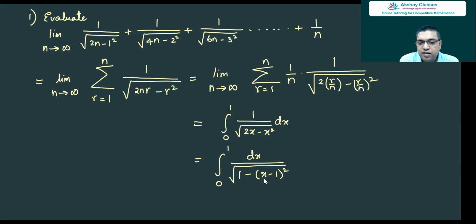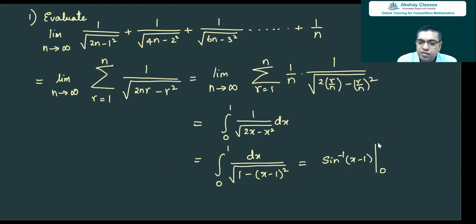This is x square minus 2x plus 1. When you open the bracket, 1 and minus 1 cancel. Minus 2x becomes plus 2x and x square becomes minus x square. So this expression and this expression are the same. And this is nothing but sine inverse of x minus 1, this integral.